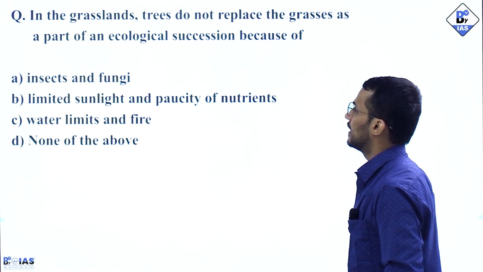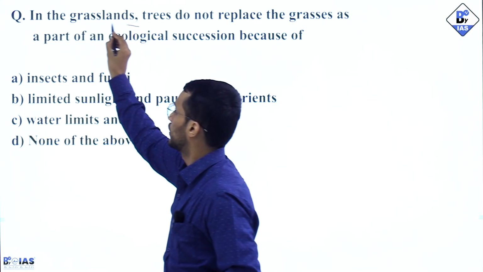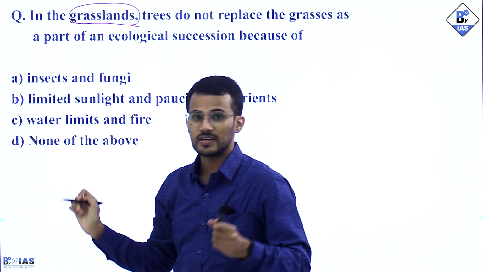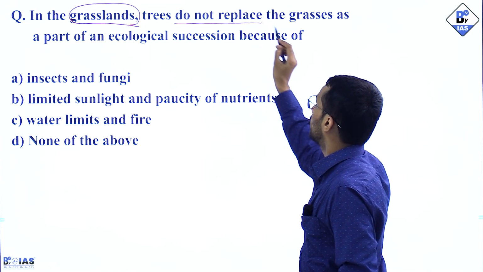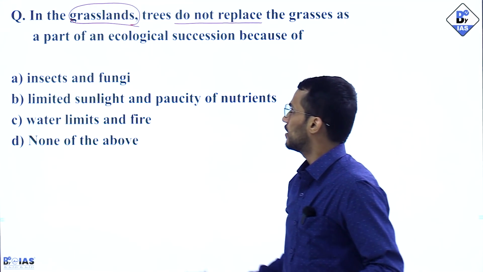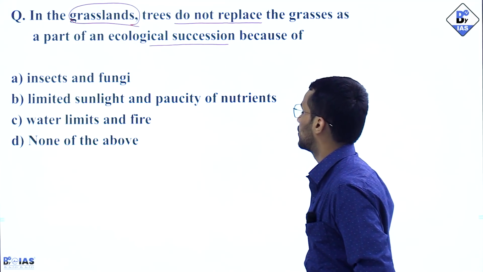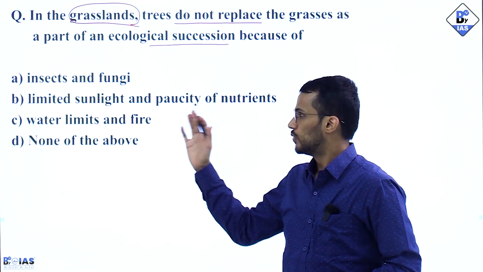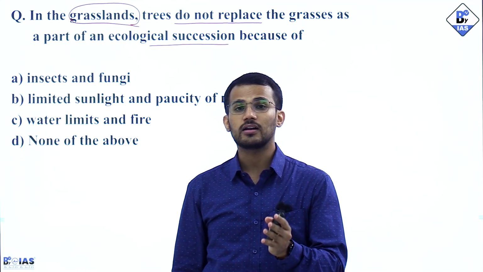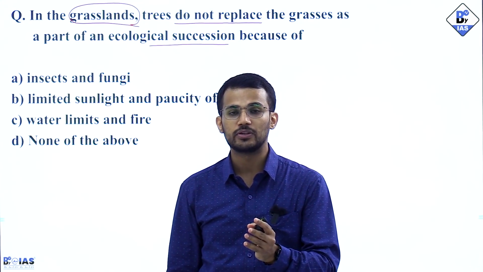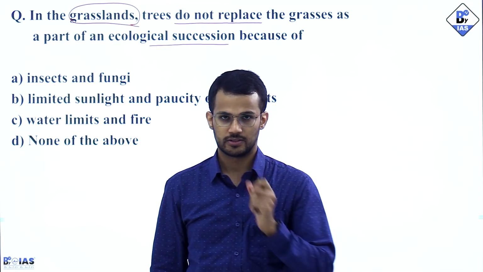Next question is in the grasslands. So the question is about the grasslands ecosystem. In the grasslands, trees do not replace the grasses as a part of ecological succession because of which of the following, right? So we know grasslands are a transitional zone between forest and desert.